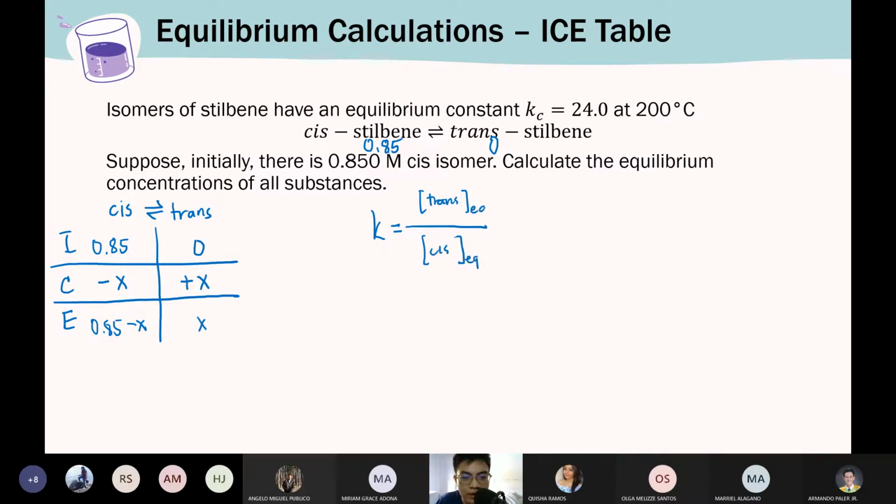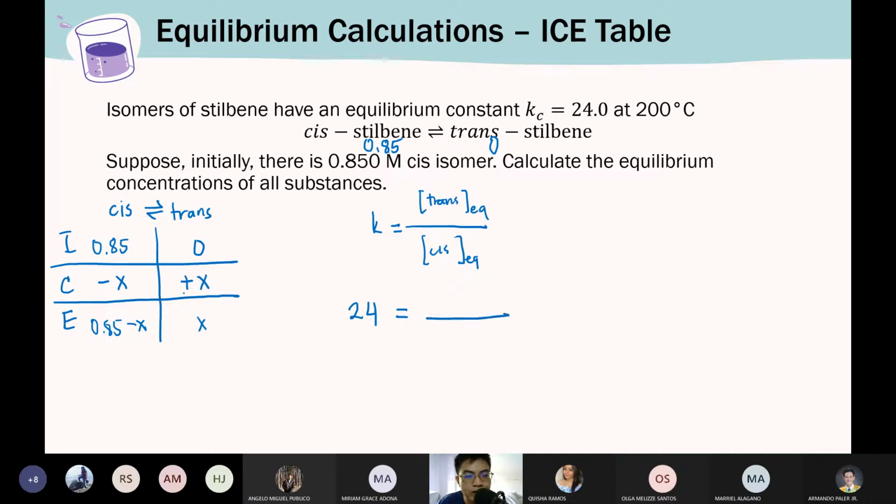I'll add EQ so you know it's equilibrium. So K is the concentration of trans at equilibrium divided by the concentration of cis at equilibrium, product over reactant. Now, what's the value of K? It's 24.